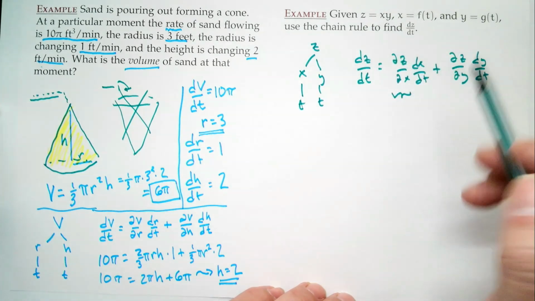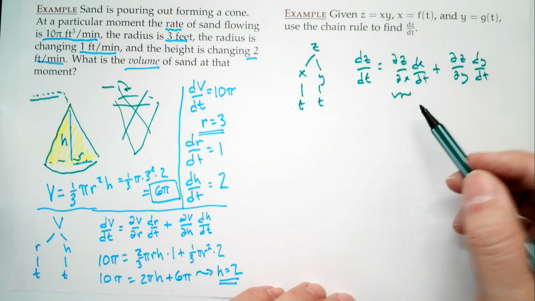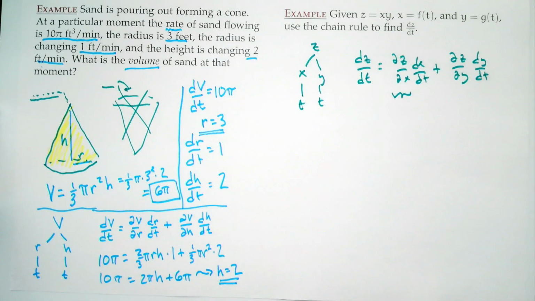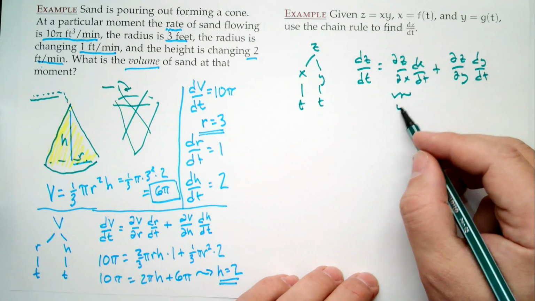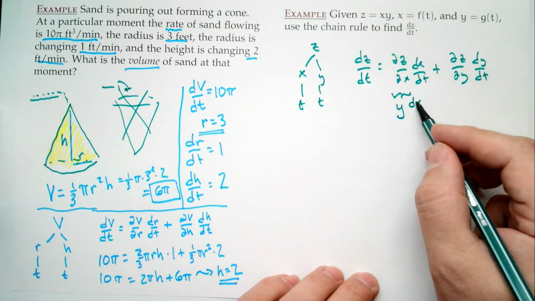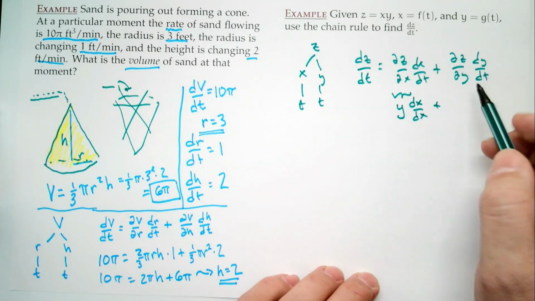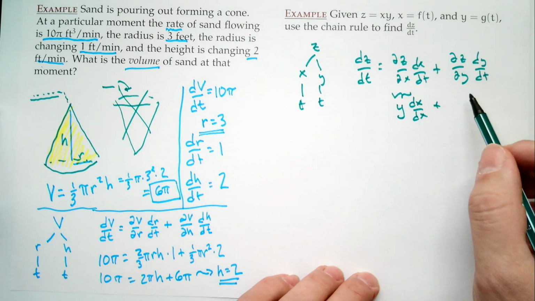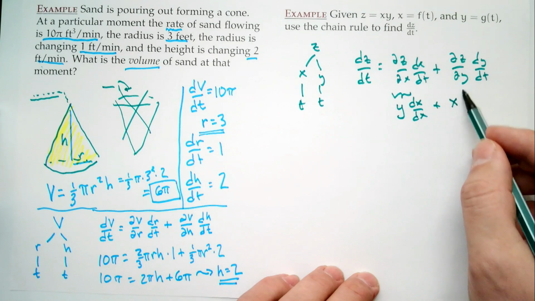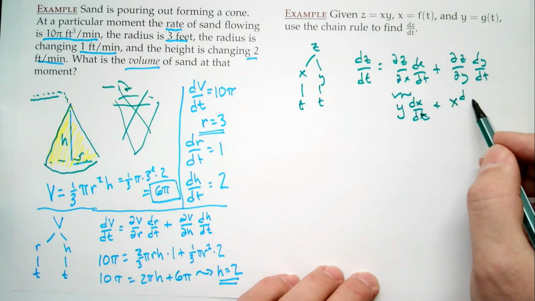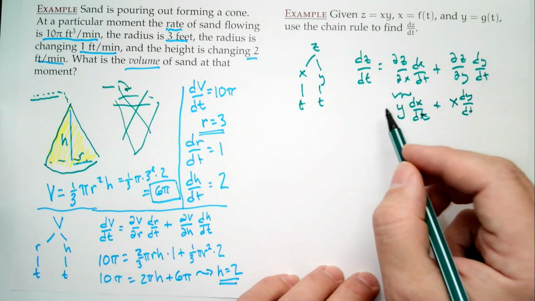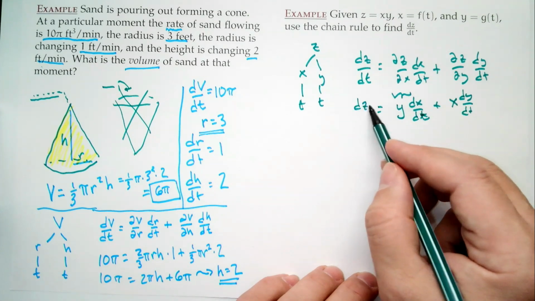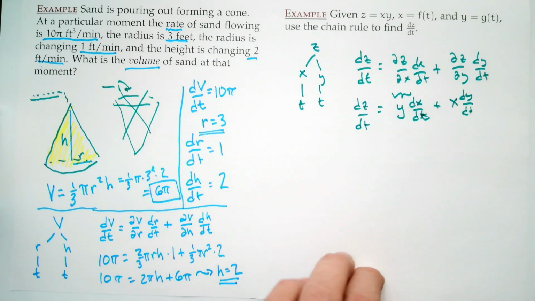Derivative of x times y with respect to x? That is y. So y dx/dt plus partial z partial y is x, times dy/dt. All right. So far, you're just like, okay, whatever.